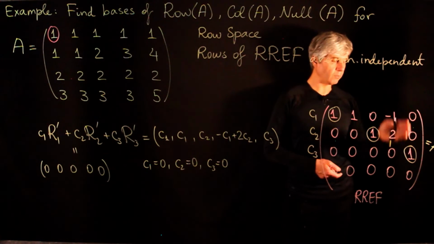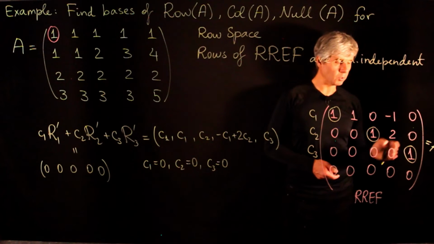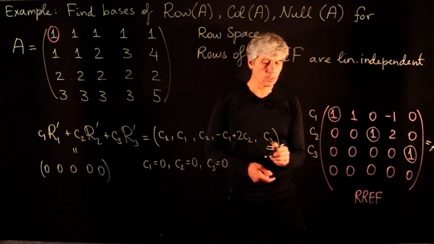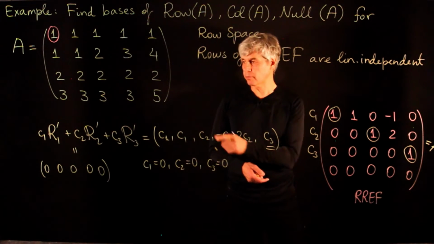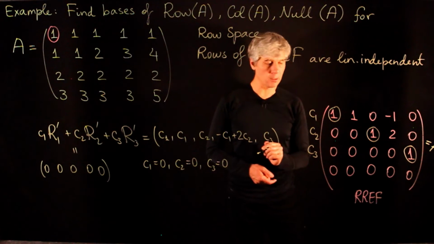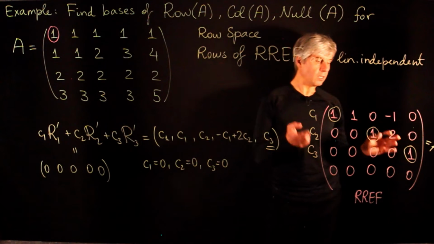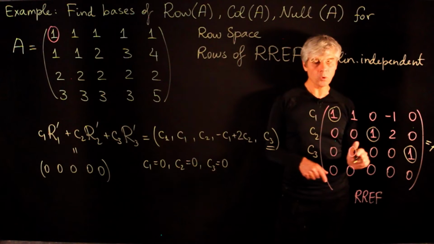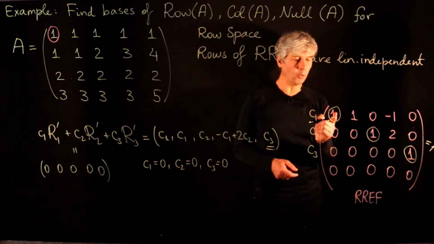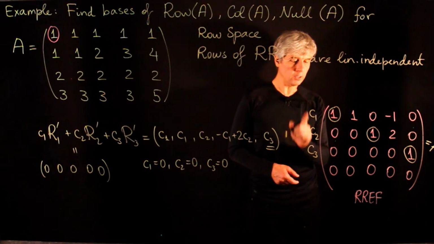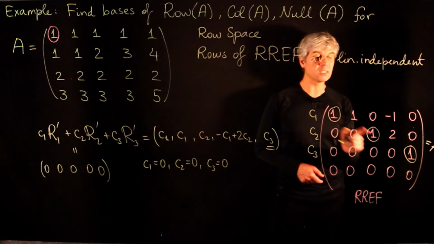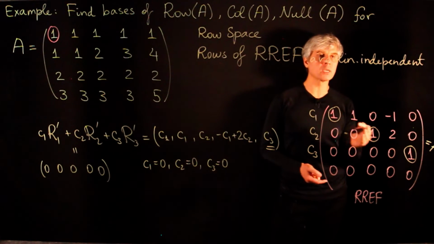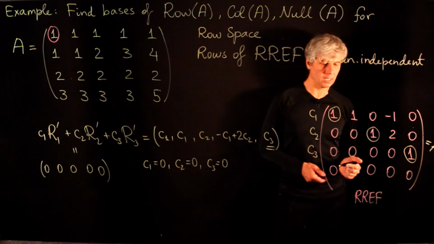And likewise, for the last pivot column, the last component of this linear combination is going to be C3. So if we equate this whole linear combination to a zero row, this forces all coefficients to be 0, just by looking at the components that correspond to pivot positions.